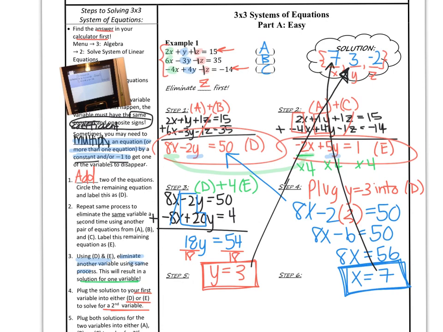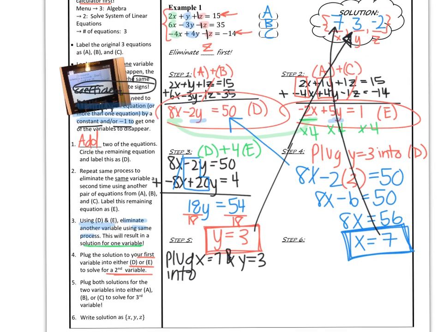Doing great. Now, if either of these numbers did not match up, that means we made a mistake and we have to go back to the beginning and solve again. All right, but we didn't. We're doing good. So now we're going to plug x equals 7 and y equals 3 into, step 5 says we can do it in either equation A, equation B, or equation C. So you pick, doesn't matter.